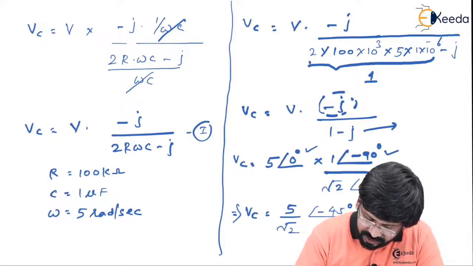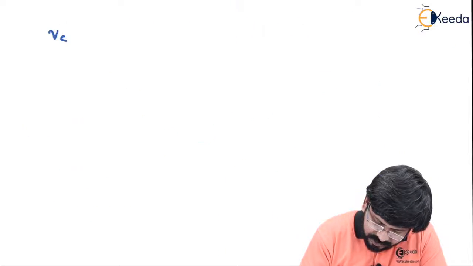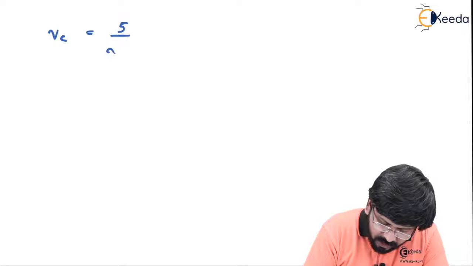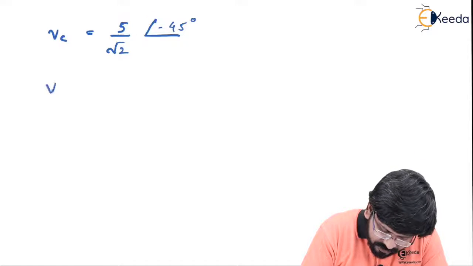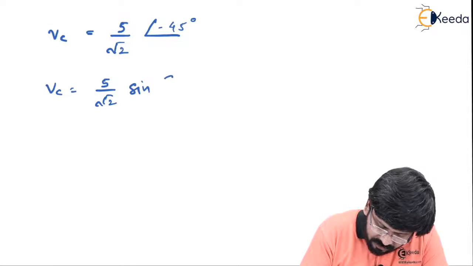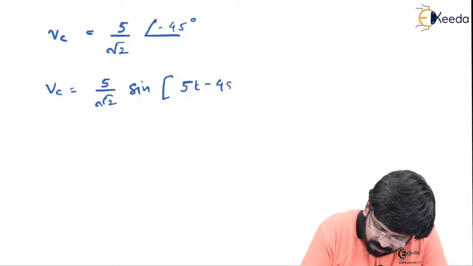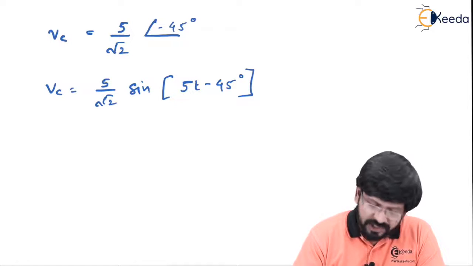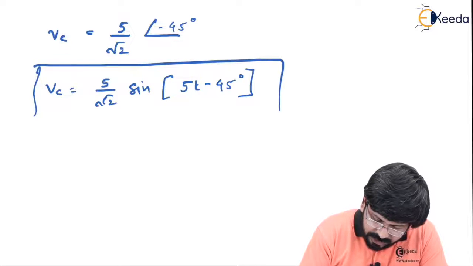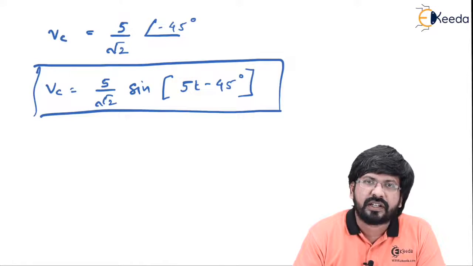This is the Vc that we have. Since Vc is 5 by root 2 at an angle of minus 45 degree, I can write this in sinusoidal form: Vc equal to 5 by root 2 sine of 5t minus 45 degree. This is the final answer for Vc, but we need to compare whether this is present in the options.